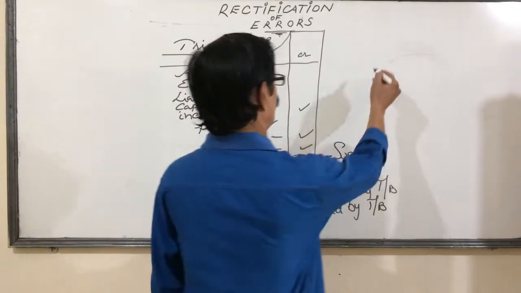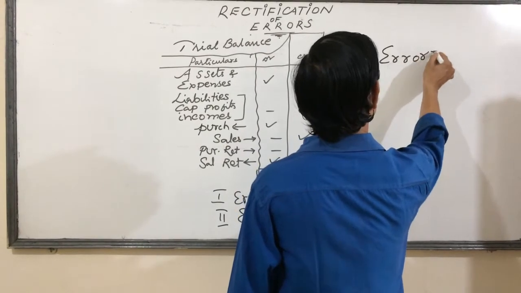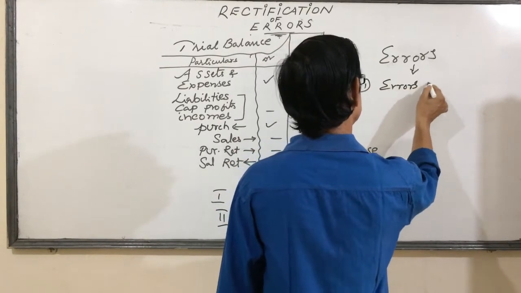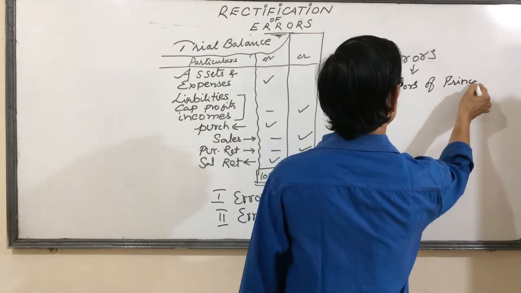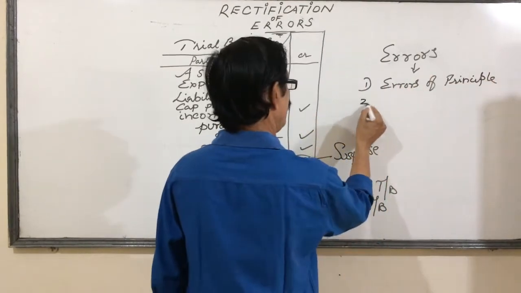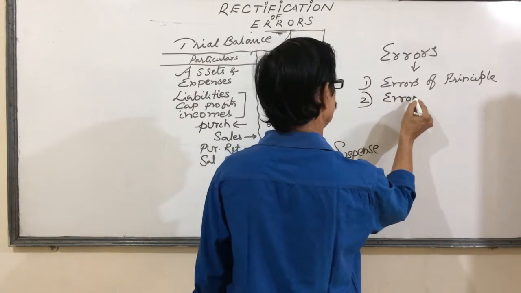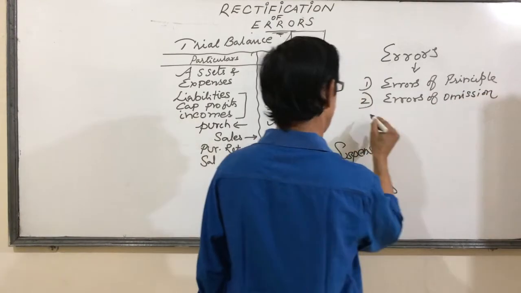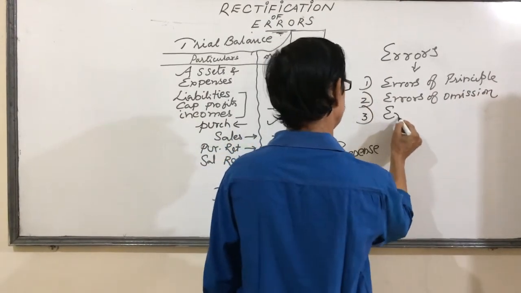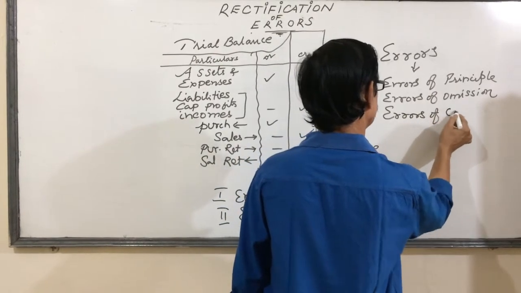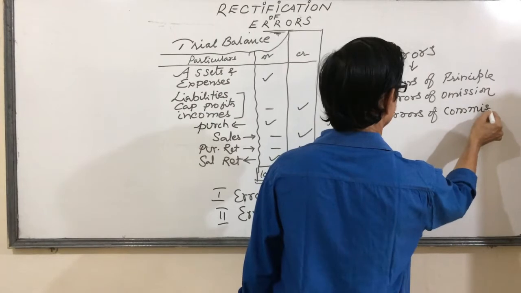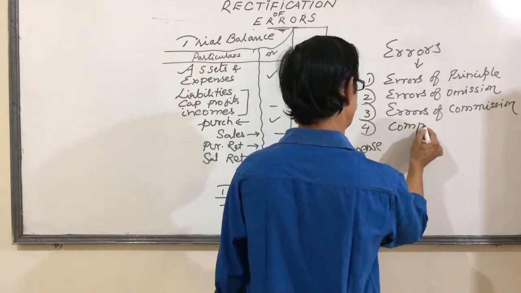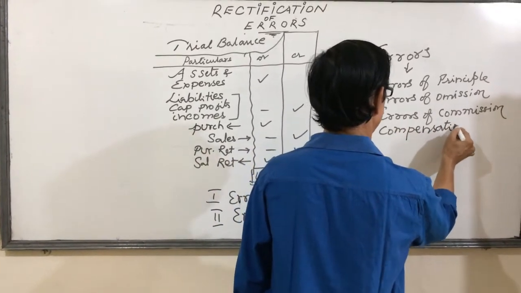Theoretically, errors are four types: errors of principle, errors of omission, errors of commission, and compensating errors.